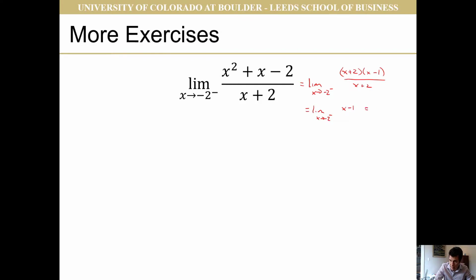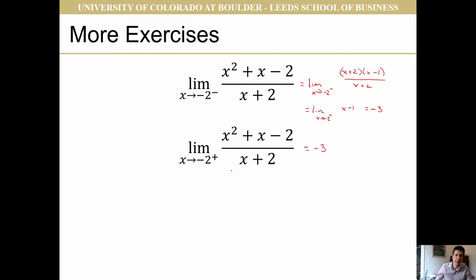Well, that's simply -3. The limit as x goes to -2 from the right, same thing applies, -3. The limit from the left and the limit from the right are the same, so the limit as x goes to -2 is equal to -3.